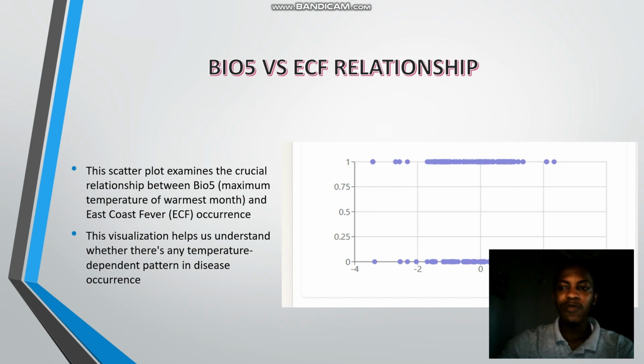If we find that there is a relationship between the temperature and the ECF, and we identify a hotspot, like maybe during this period of this weather there was a high record of ECF cases, then that would help us identify the hotspots and help the machine learning model easily predict the ECF cases.